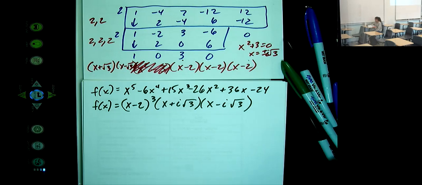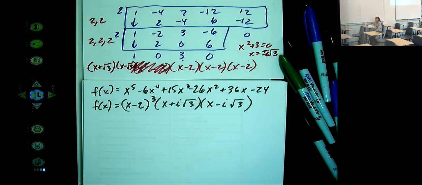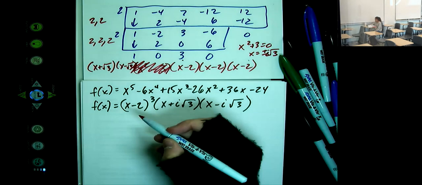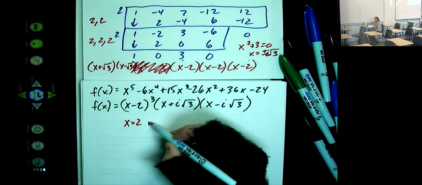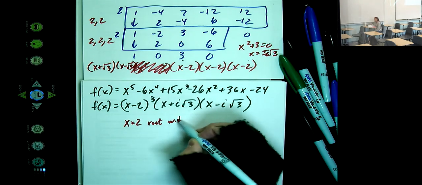When a root or solution shows up more than once, we call it multiplicity. So x equals 2 is a root with multiplicity of 3.